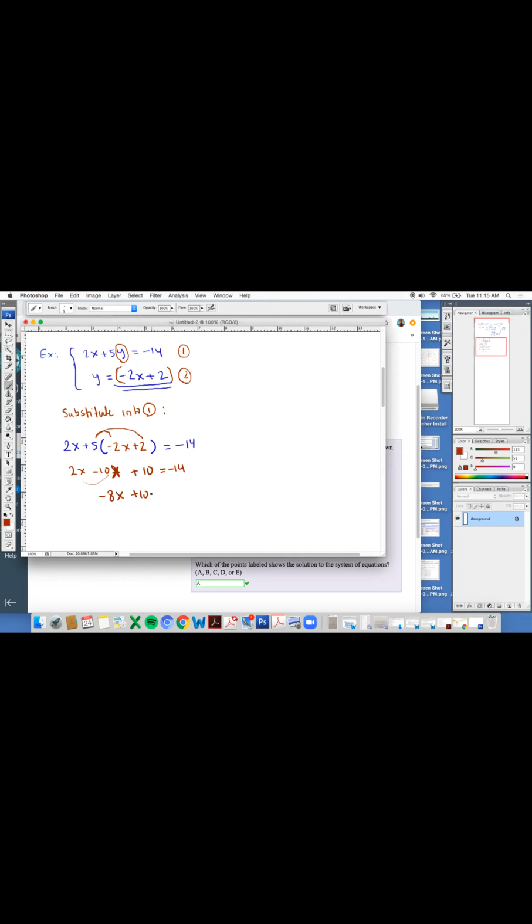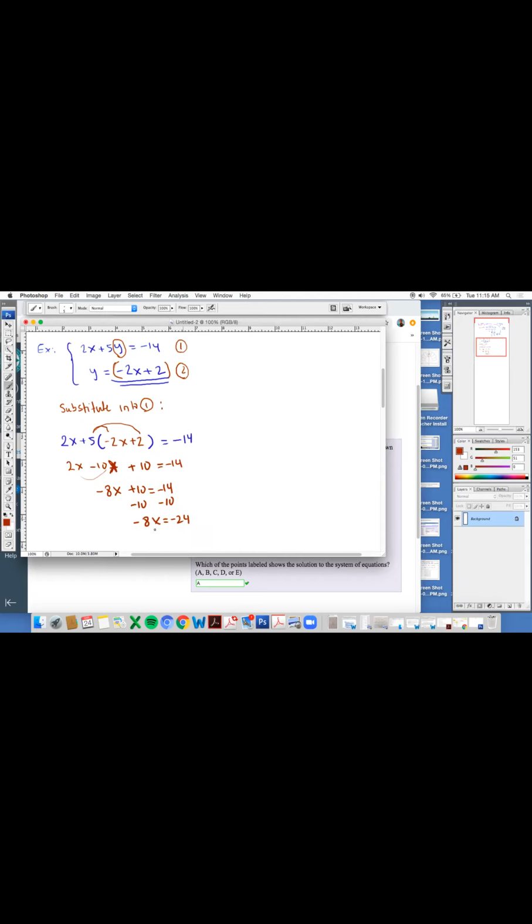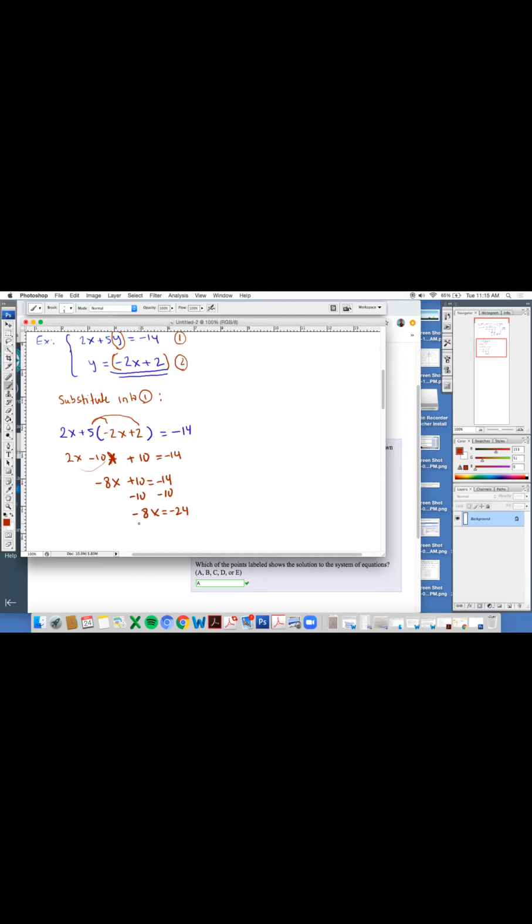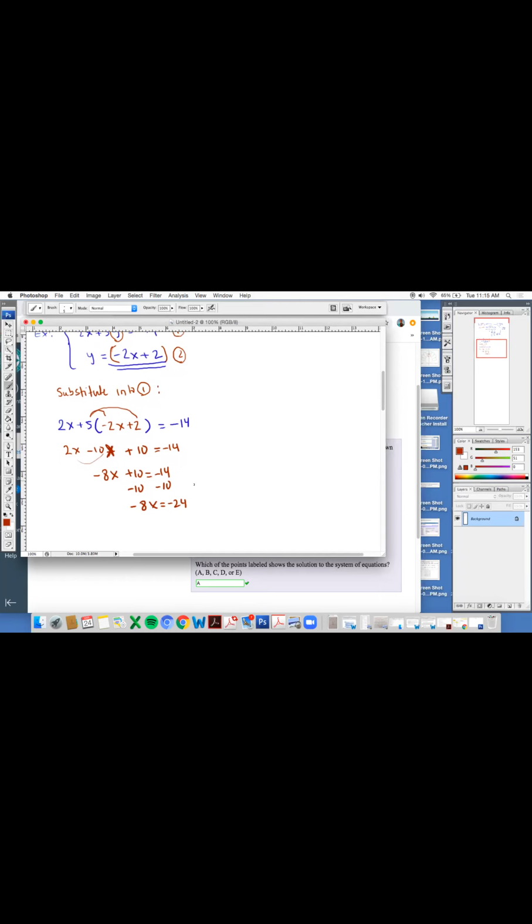Plus 10 is negative 14. Subtract 10 from both sides. Negative 8x equals negative 24. Divide by negative 8. And we get x equals positive 3.